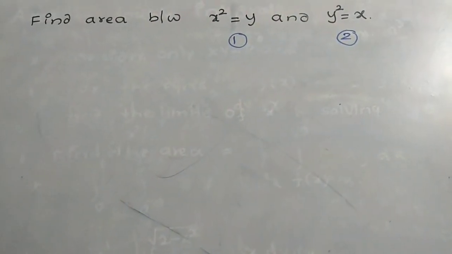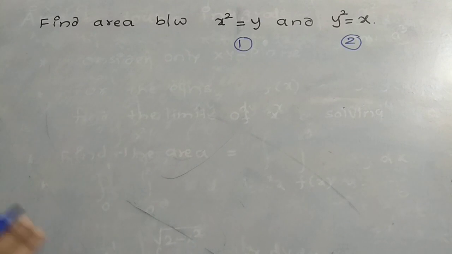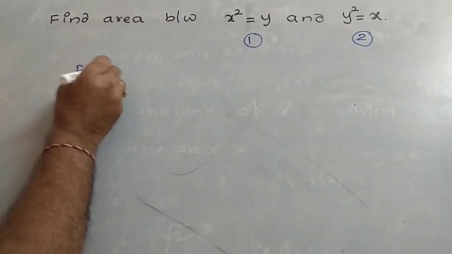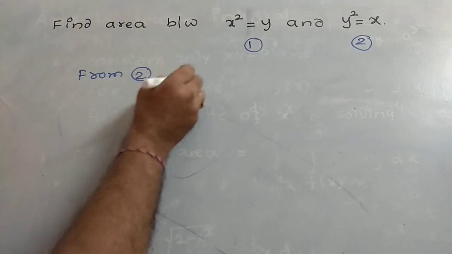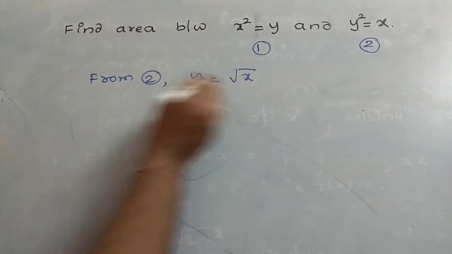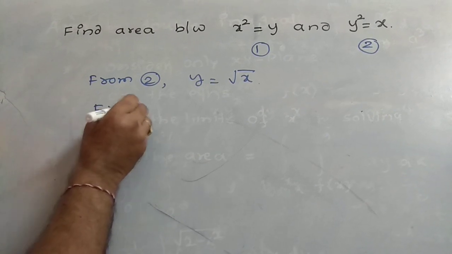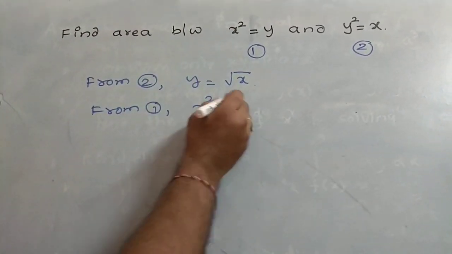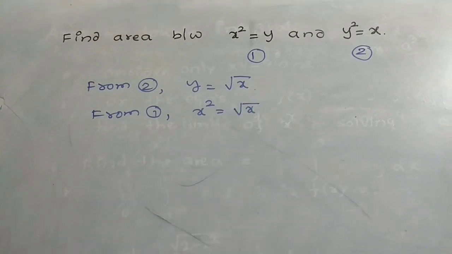In order to get your x values, from the second equation, what about the y value? It is root x. So this value you are substituting in equation number 1, so x square equal to, in the place of y, root x.